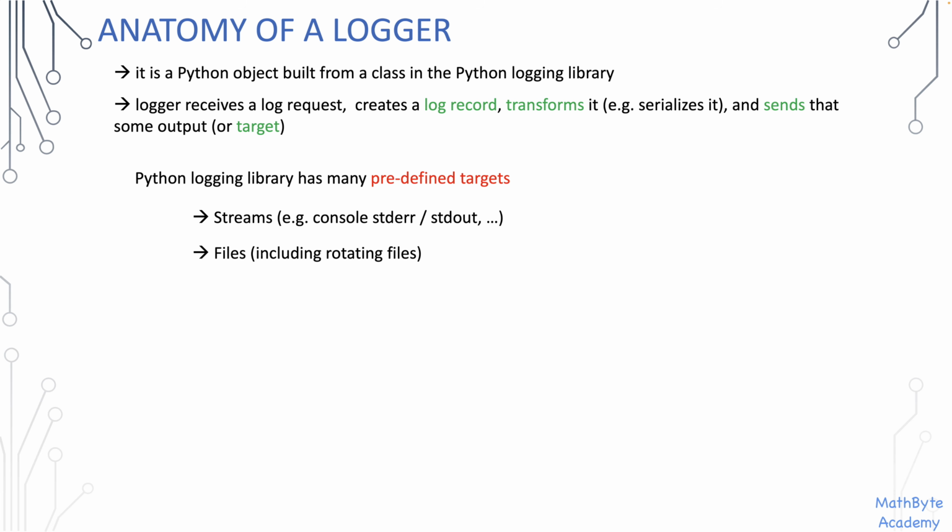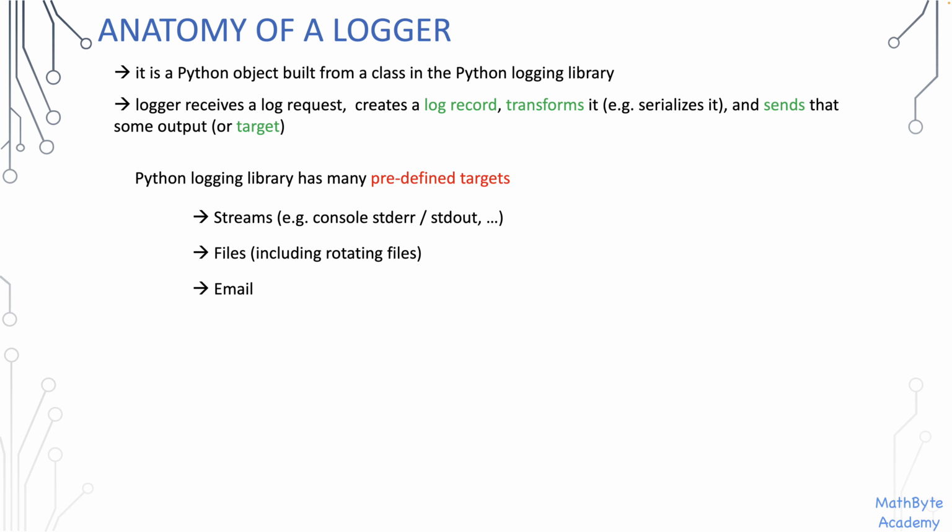Or maybe it's time-based rotations. So this allows you to have log records that go to a file that are not going to fill up your disk. So usually that's what we do. We use rotating files. Although you can send it to a single file that's just going to keep growing and growing until you purge the file yourself. But of course, there's a risk that you'll eat up all your disk space with logs.